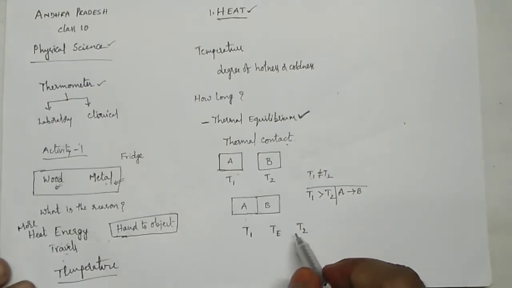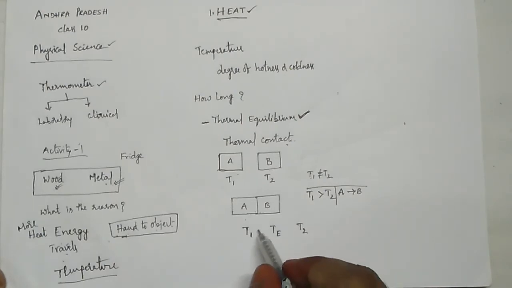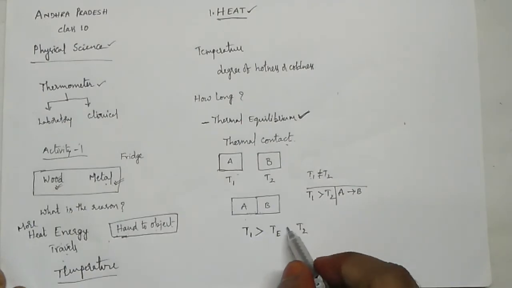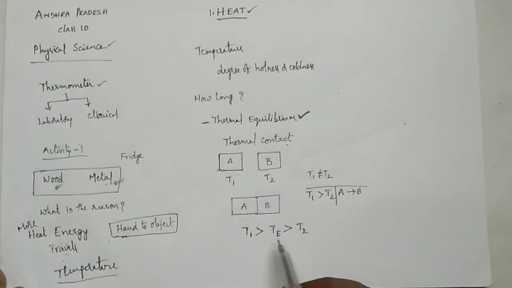This equilibrium temperature will be smaller than the greater temperature and greater than the lower temperature. Remember, the thermal equilibrium temperature will be in between the higher and lower temperatures. If I consider the thermal equilibrium and the hot body, the equilibrium will be lower.